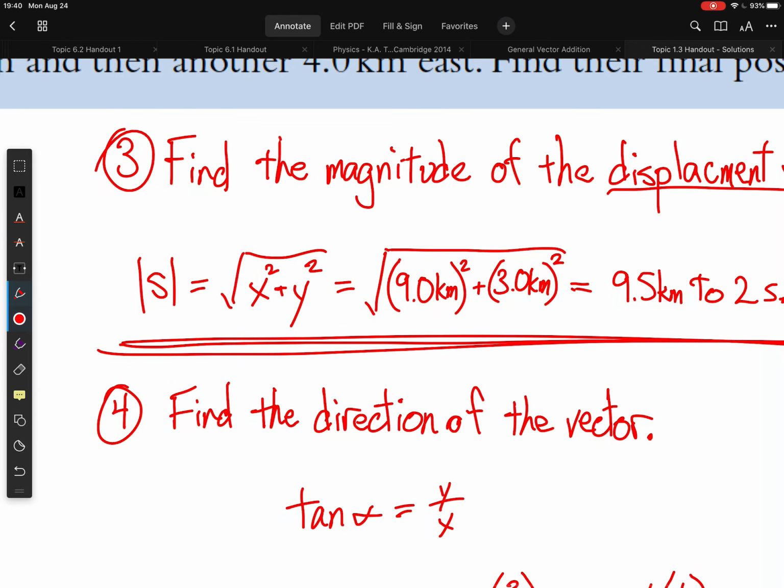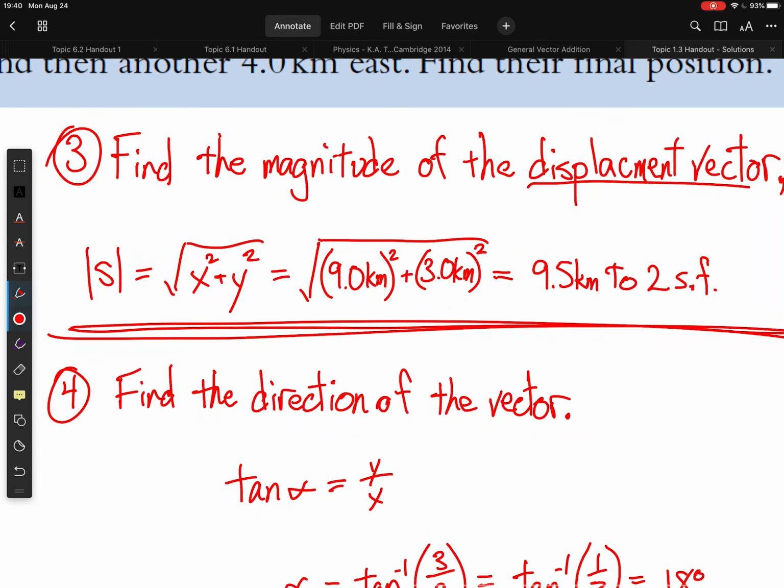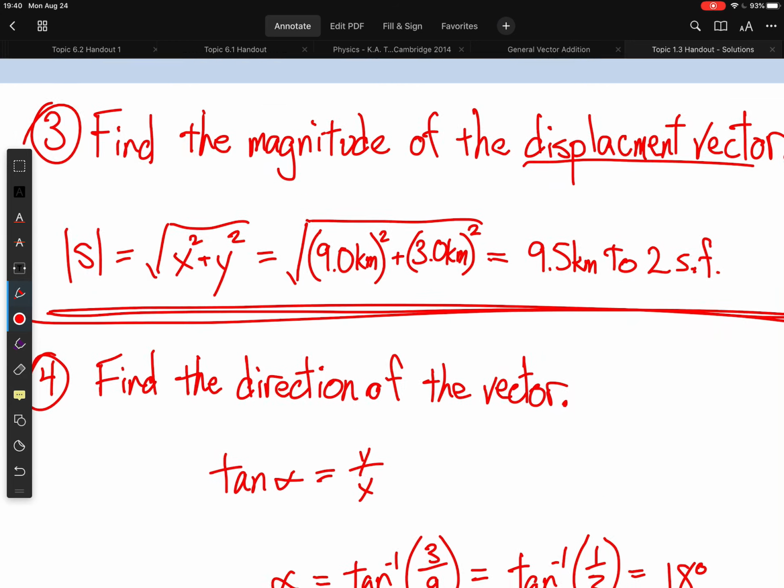We have our x coordinate and our y coordinate, so we just plug those in to the square root. So we square both of those and then take the square root of their sum, and that will give us 9.5 kilometers to 2 significant figures.